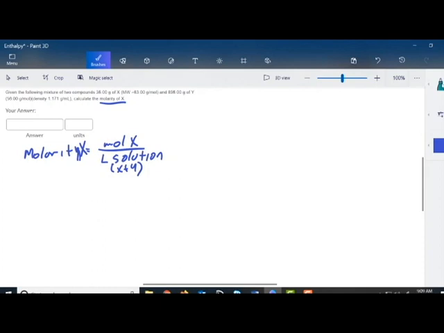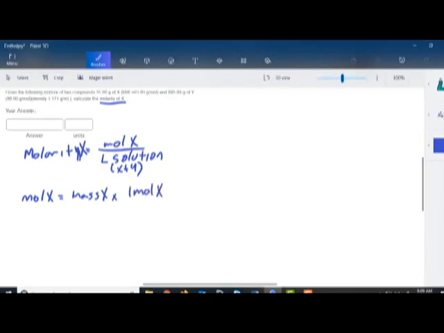So let's take a look at how we're going to find the moles of X. So the moles of X is going to be the mass of X times 1 mole over the molecular weight of X. And we're given all of these things, and it's going to be 35.00 grams. Now keep in mind, if you were given a volume, you'd have to convert that to the mass by using the density.